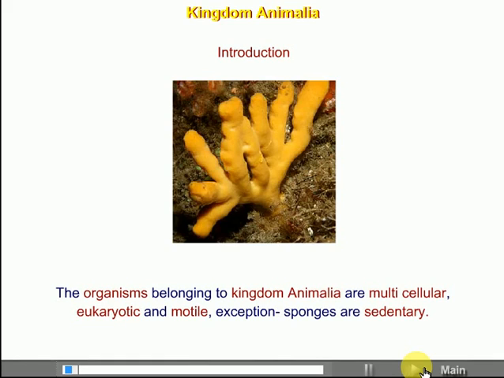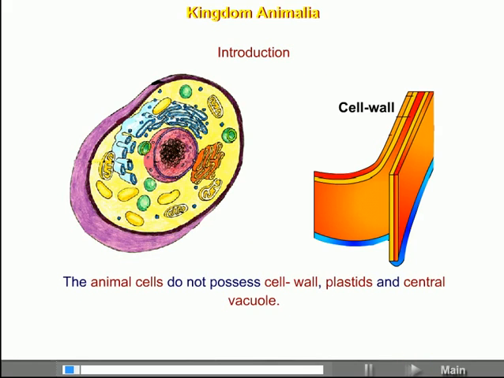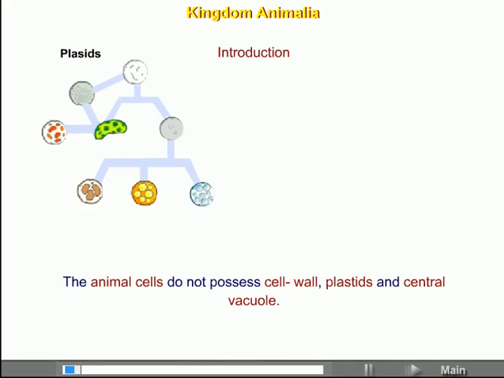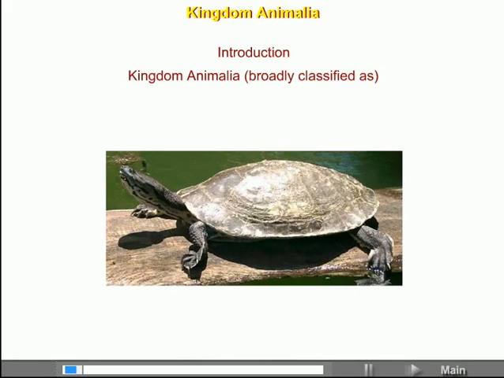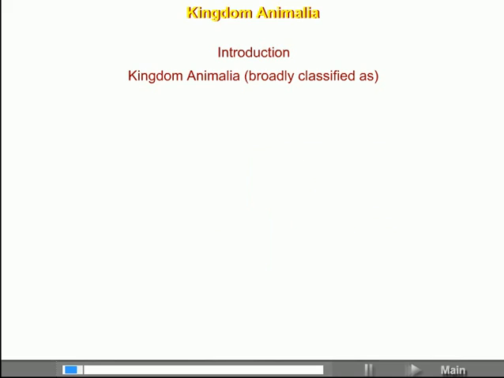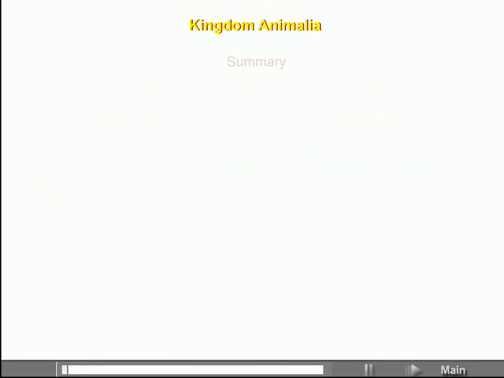Exception: sponges are sedentary. The animal cells do not possess cell wall, plastids, and central vacuole. Kingdom Animalia, broadly classified as chordates and non-chordates. Chordates have a notochord, a stiff rod-like structure that runs.